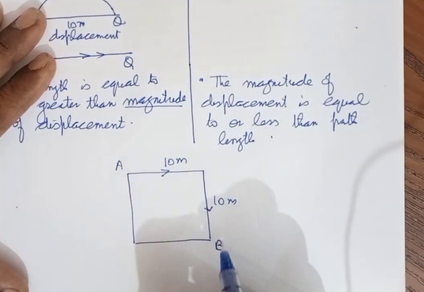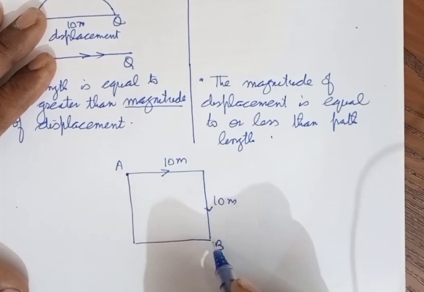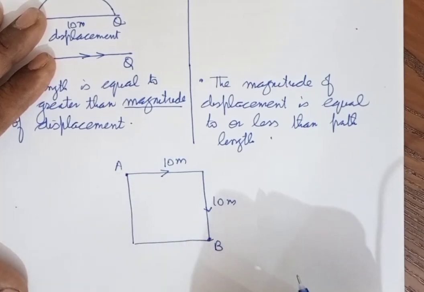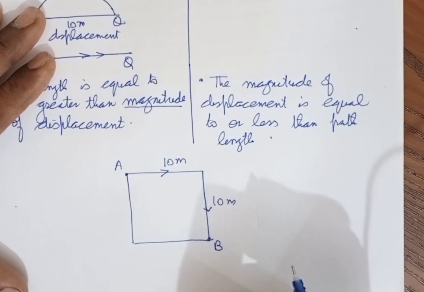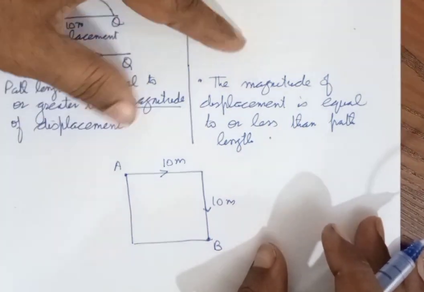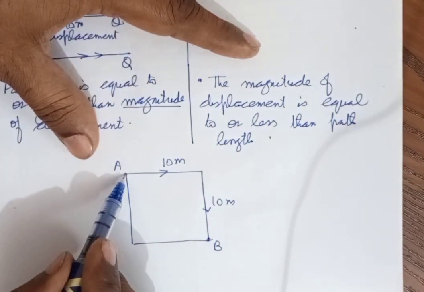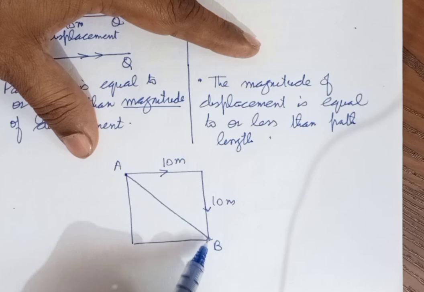If it has moved from A to B, then what is the path length? Okay, and what is the displacement? It is the square root of 200. It is very correct you have said, because this is the displacement.